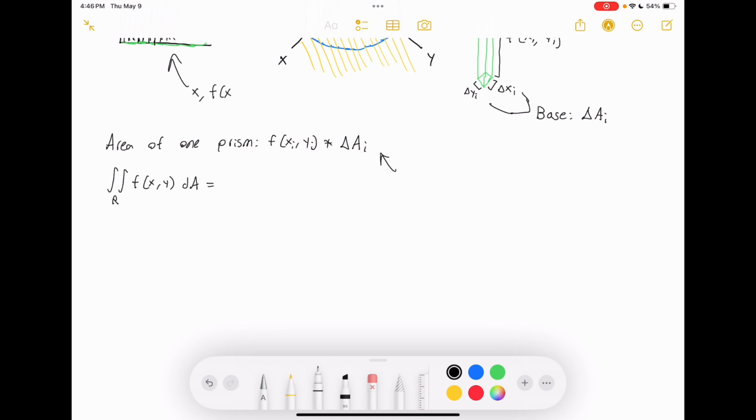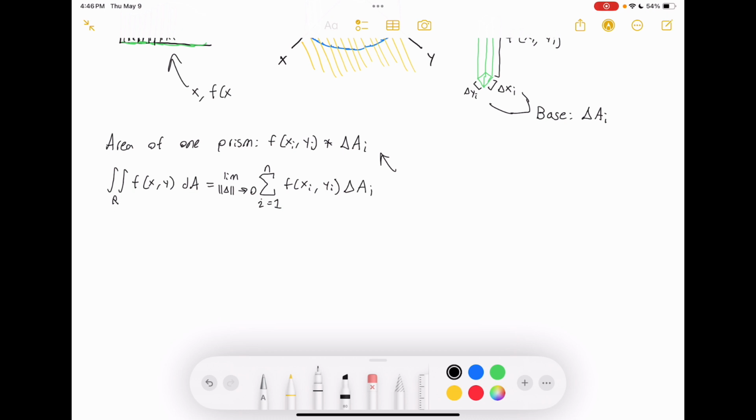When you put that into notation, you get the limit as the magnitude of delta tends to 0 of the sigma notation for summation, with n at the top because it's n intervals, and our counter i equal to 1, of f of x sub i, y sub i, times delta A sub i.